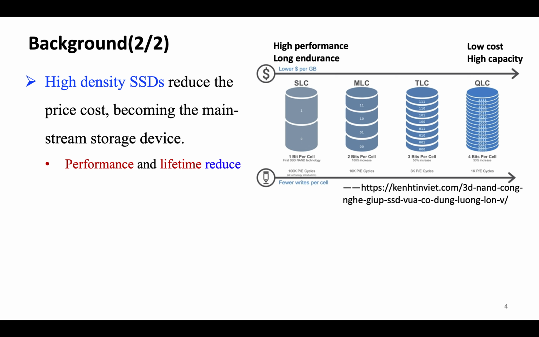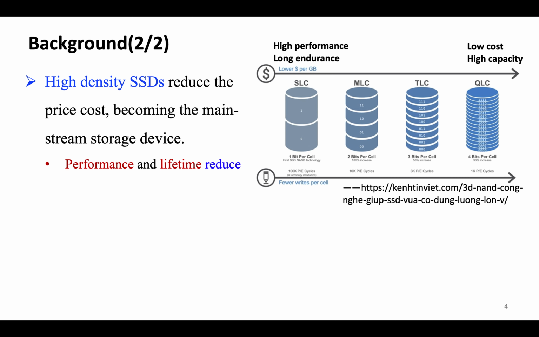In order to cut down the price per unit, the cell density has been developed. The right figure shows that the density has been developed from SLC into MLC, TLC, even QLC. That means the cell of high-density SSD can store multiple bits. However, the performance and the lifetime reduce with the price cost.